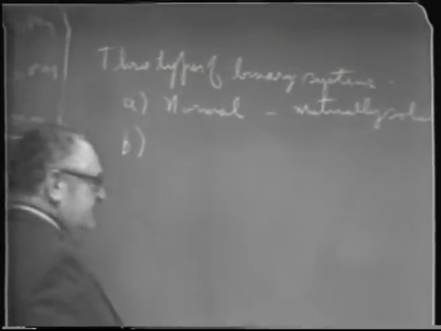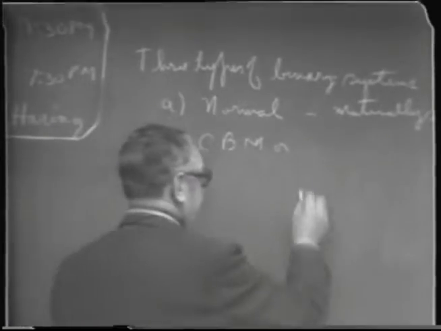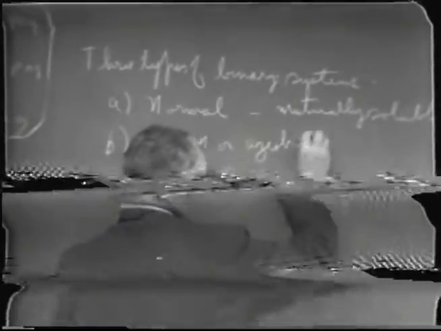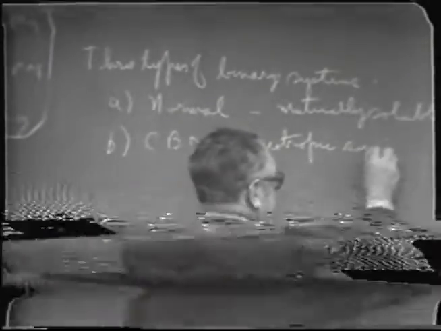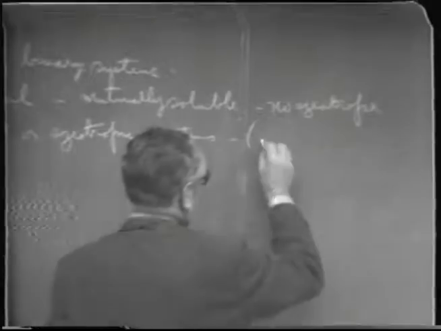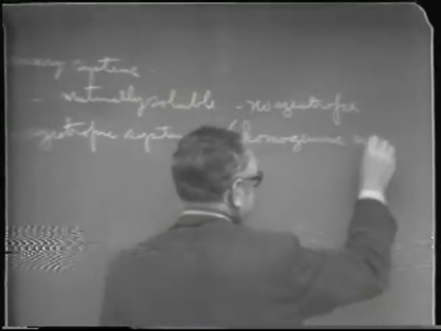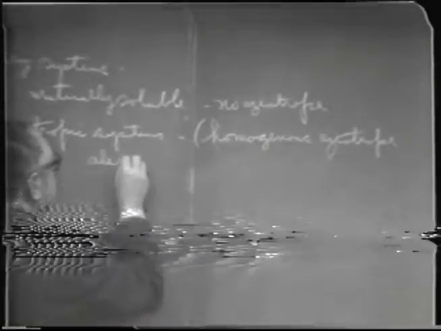Then we have many cases of what we call constant boiling mixtures or azeotropic systems, or what I could have called the form of a homogeneous azeotrope, which is a result of the fact that the components are also mutually soluble in all proportions.